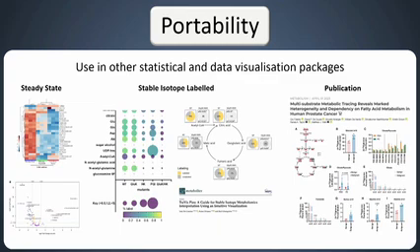And this is just an example of a figure from a publication that looked at using the mass isotopologue distribution patterns to give you a schematic of how that worked, as well as comparisons of the fractional contribution, and then also things such as looking at the mass isotopologue distributions and comparing them on single metabolites, or taking them and going on to do ratios to be able to compare between conditions. So really, with those outputs, the sky's the limit for how you want to express and show that data.